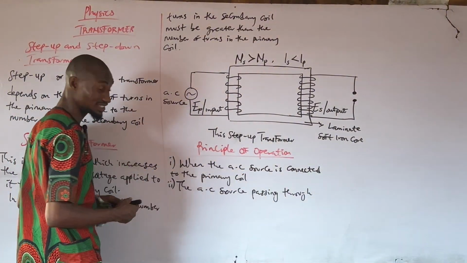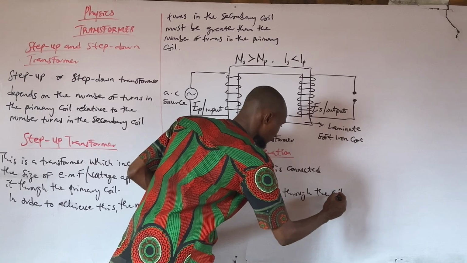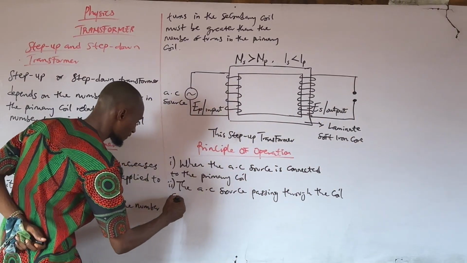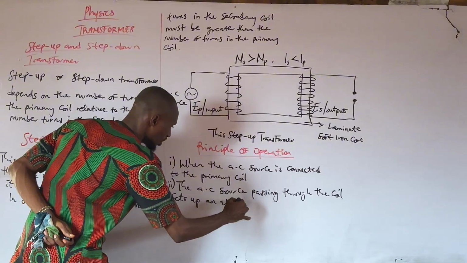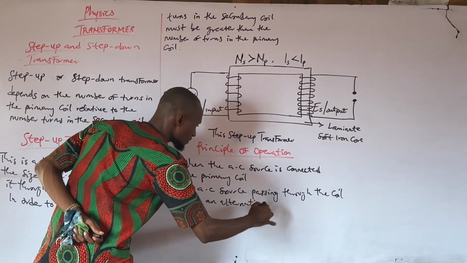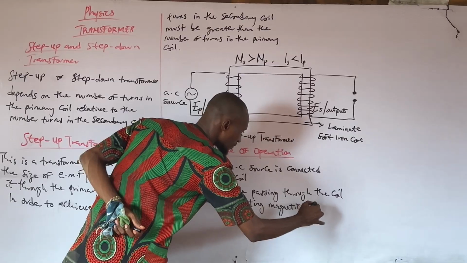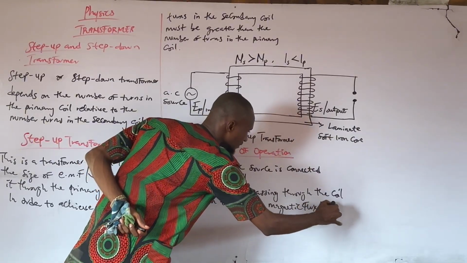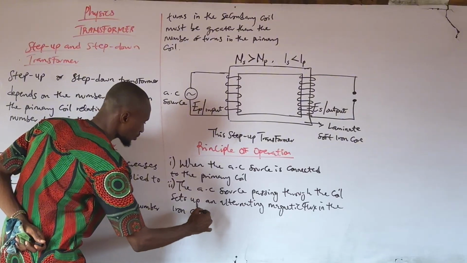The AC source passing through the coil sets up an alternating magnetic flux in the iron core. In the iron what? Core.